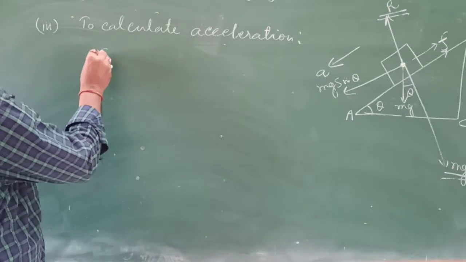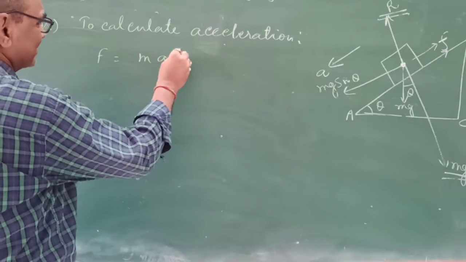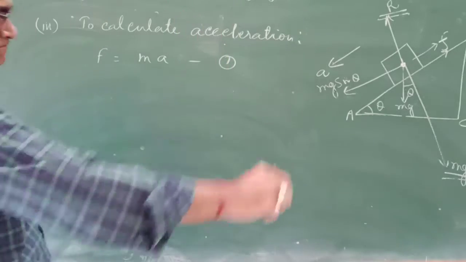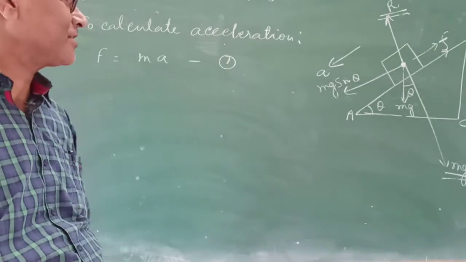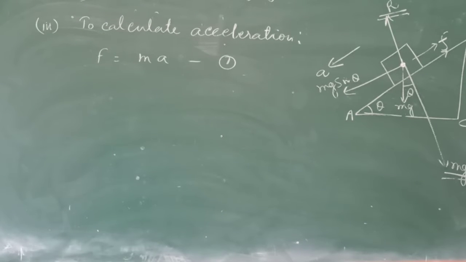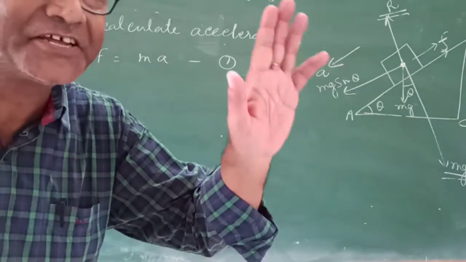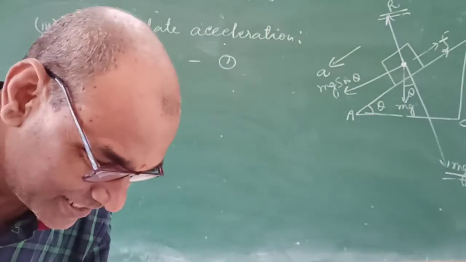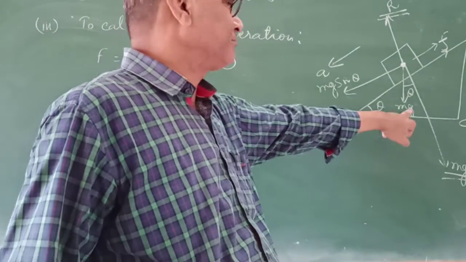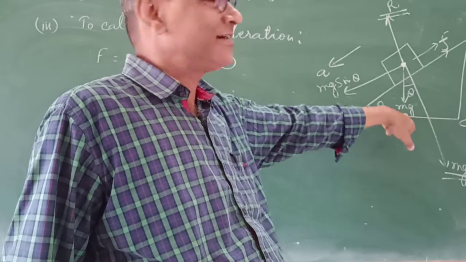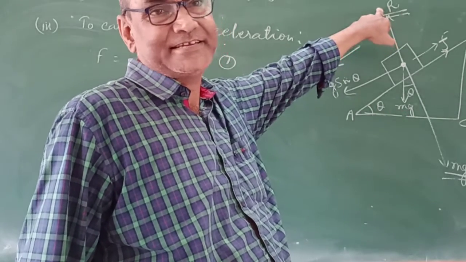Therefore, from Newton's second law, force is equal to mass into acceleration, equation number 1, where m is the mass of the block and a is the acceleration of the block. When the angle of inclination increases in such a way that the body will slide down, the weight mg and the normal reaction are acting.